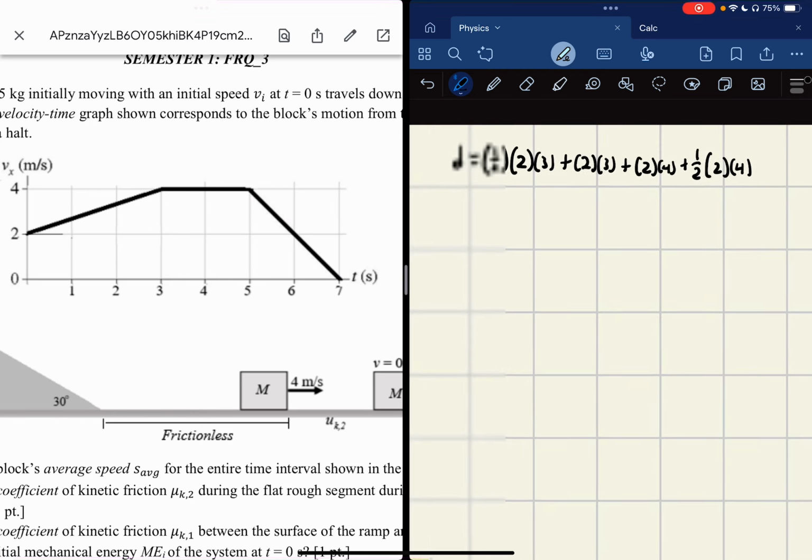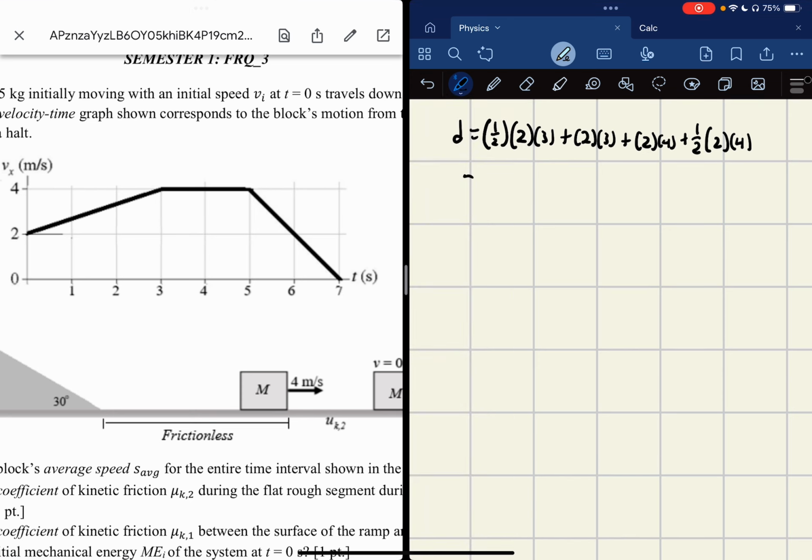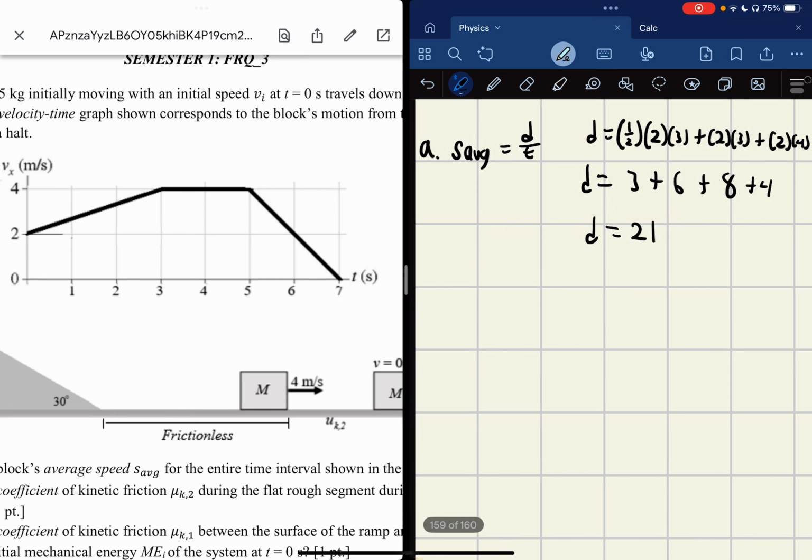And you have is equal to 3 plus 6 plus 8 plus 4, which is equal to 21. So we know our d is 21.